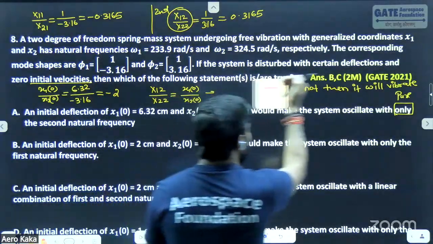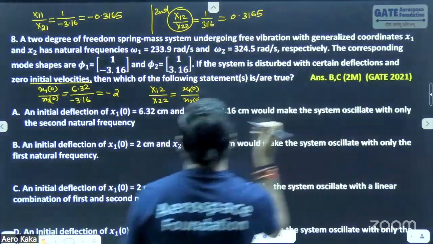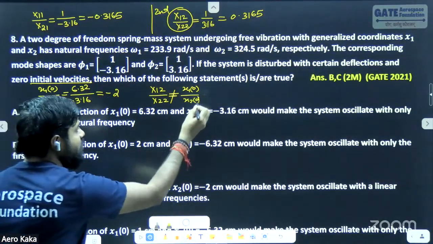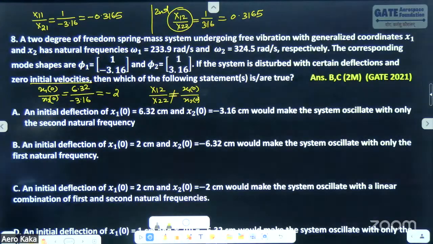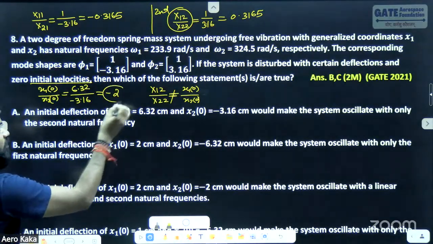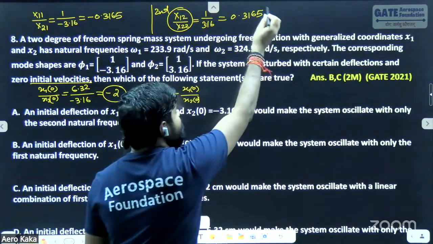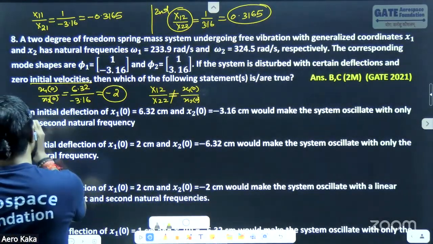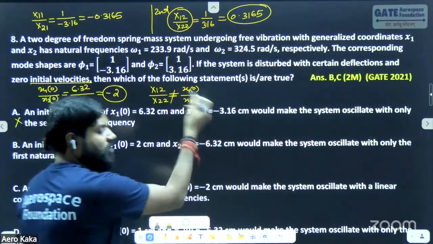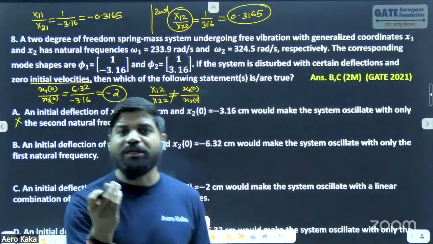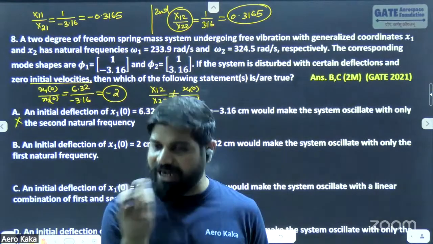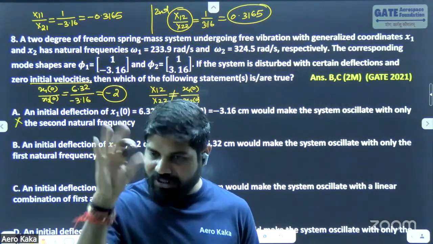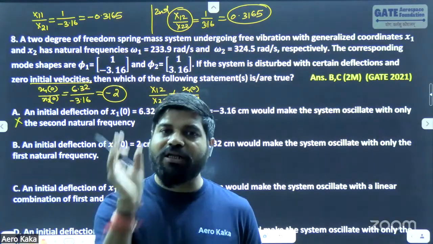So in this case, we are getting x12 upon x22 not equal to x10 upon x20. Say yes or no. Why? Because it's -2 and this value is 0.3165. Means this option is wrong. Why? When these two ratios are not the same, meaning the mode shape ratio and initial displacement ratio are not the same, they are not vibrating in the pure mode, or in that mode alone.